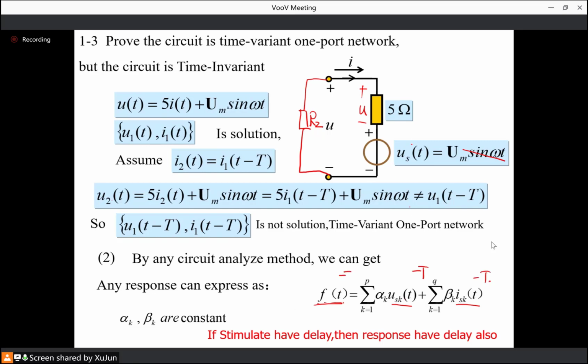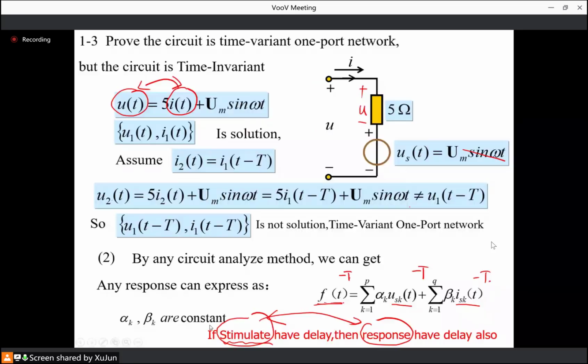So for the total circuit, if we discuss the stimulus and response relation, they are time invariant. But if we discuss the U and I relation, the port U and port I relation is time varying. Okay, I will make a conclusion.